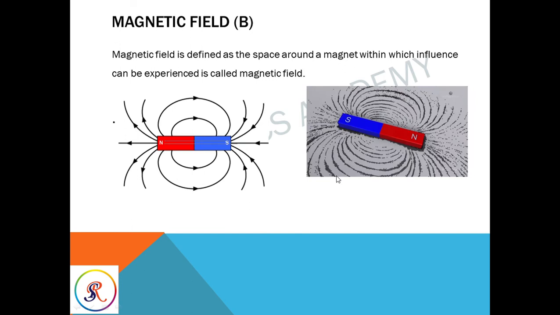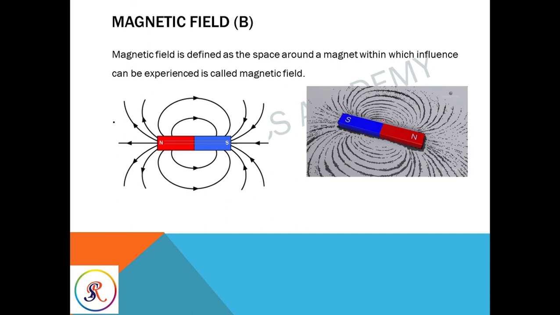Now we will discuss what a magnetic field is. Just now we learned what electric field and electric field intensity are. Now, what is a magnetic field? The space around a magnet within which its influence can be experienced is called a magnetic field. We already experienced this when taking a magnet with iron powder, even in the lab.